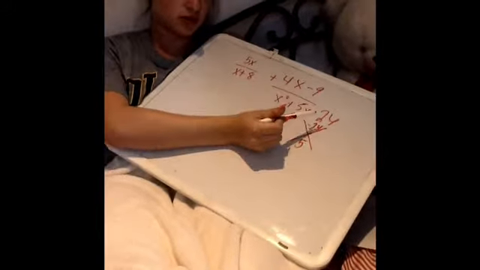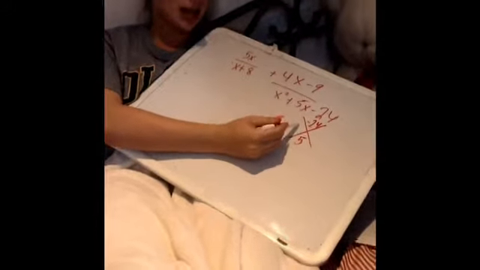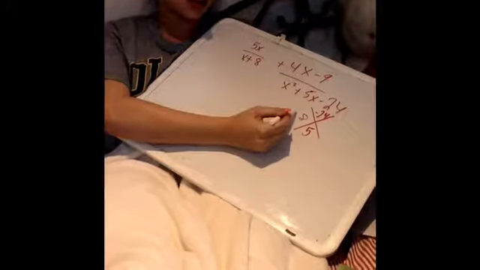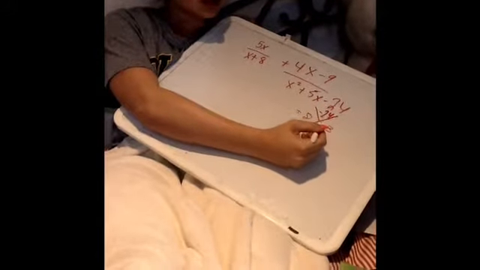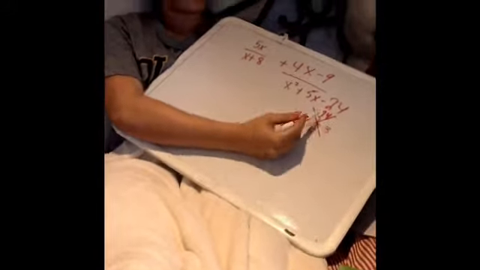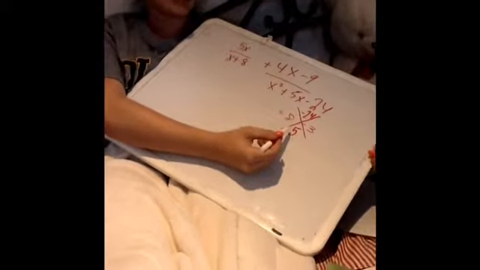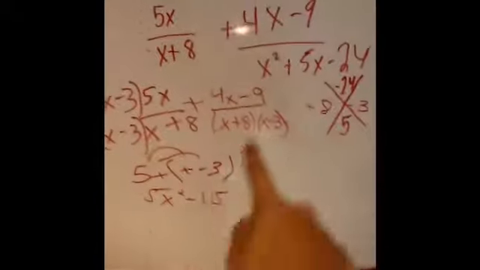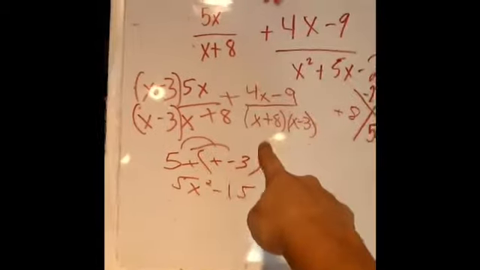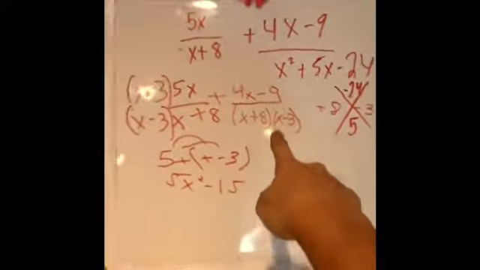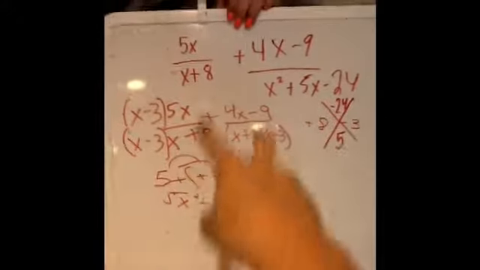Anyways, so you factor x squared plus 5x minus 24, which is 8, which is positive, and 3, which is negative, because that multiplies to negative 24 and adds to 5. So once Sarah factored that, she got x plus 8 and x minus 3, and you want to get common denominators since you're adding.